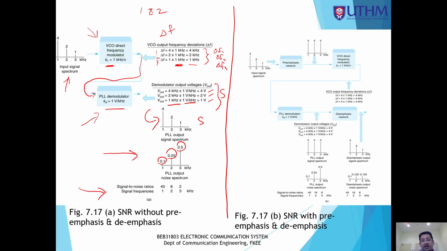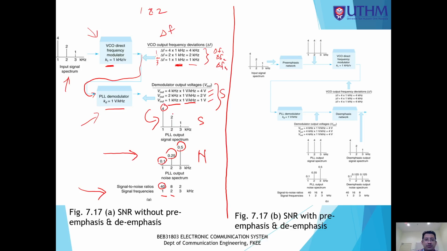SNR is S over N, the signal level divided by the noise level. For example, at 1 kilohertz, 4 volt divided by 0.1 volt, so you get an SNR of 40.